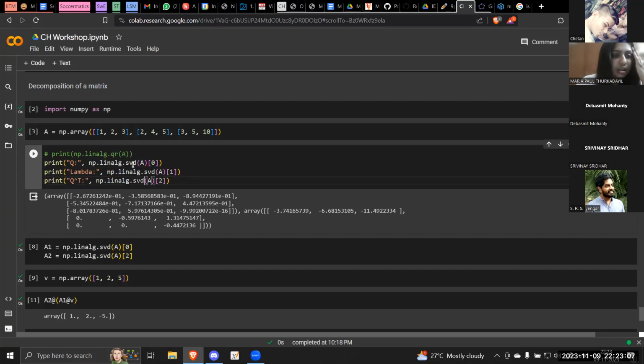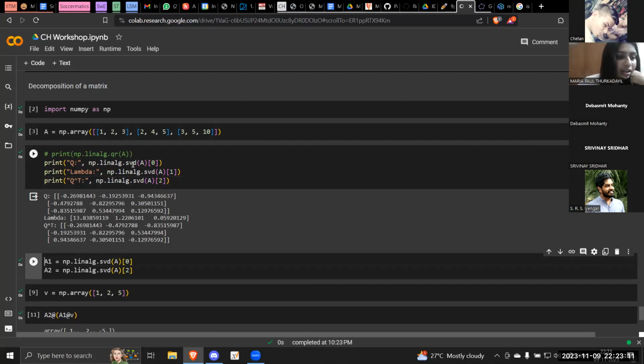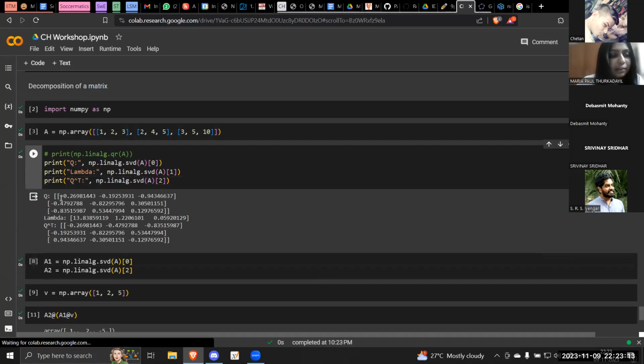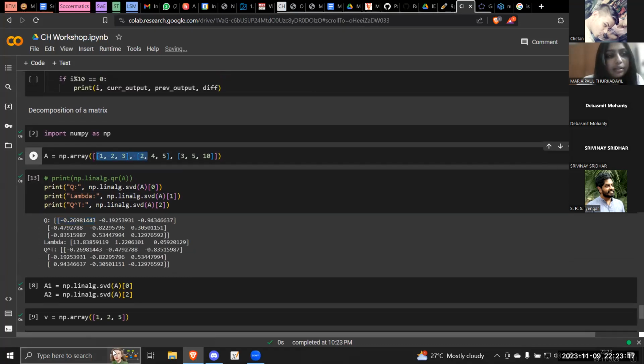But when we tried it out, we didn't actually get symmetric matrices. Which matrix did you take? Did you take a random matrix? Yeah, we took a random matrix of dimension 3x3: 1, 2, 3, 2, 4, 5, 3, 5, 10.